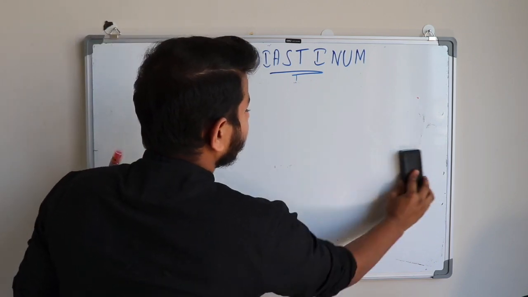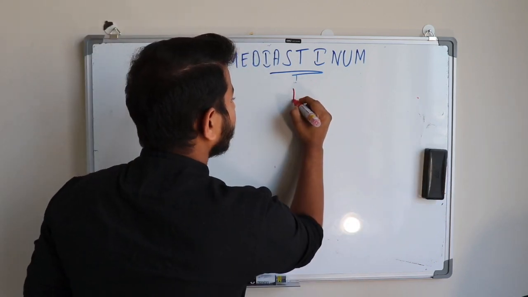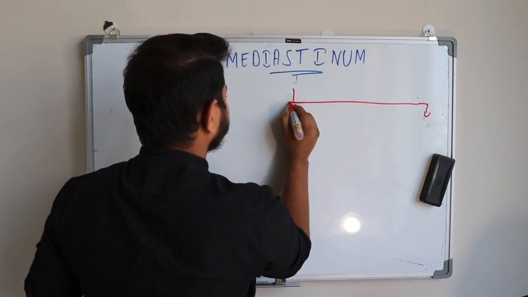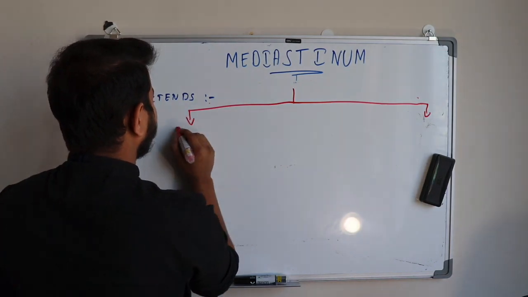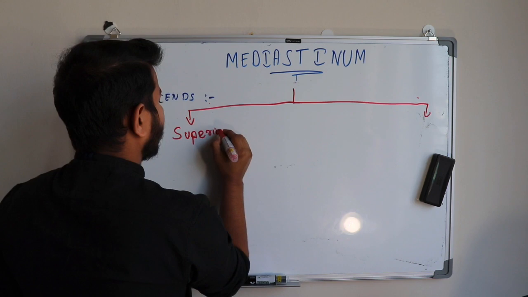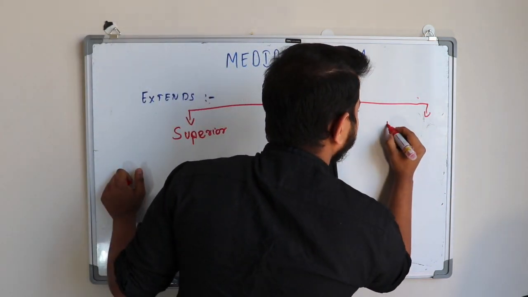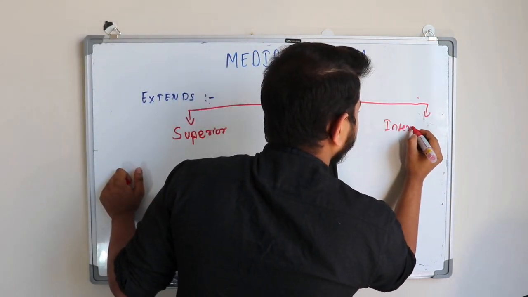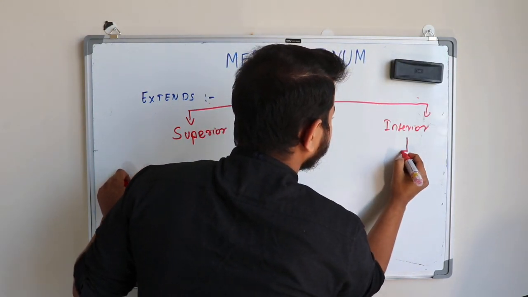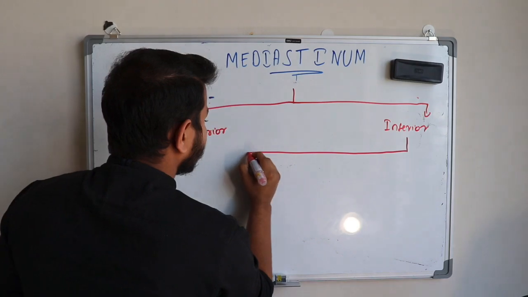Now the mediastinum divides into two parts. They are the superior mediastinum and inferior. This inferior mediastinum again divides into three.